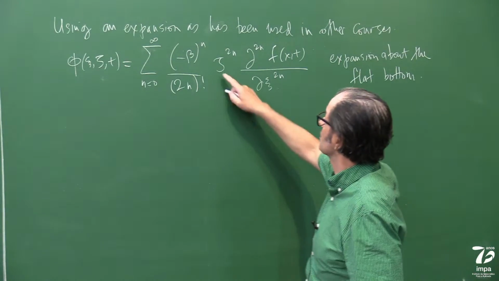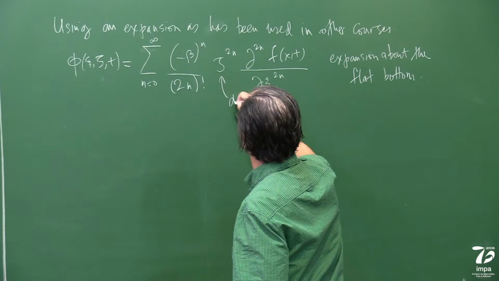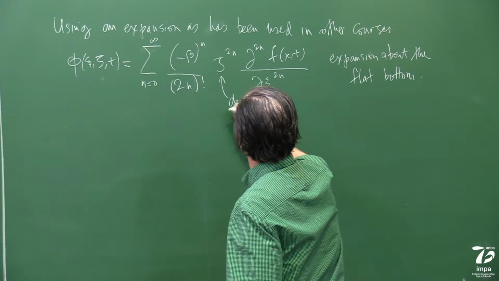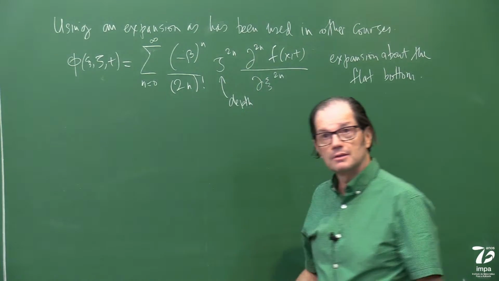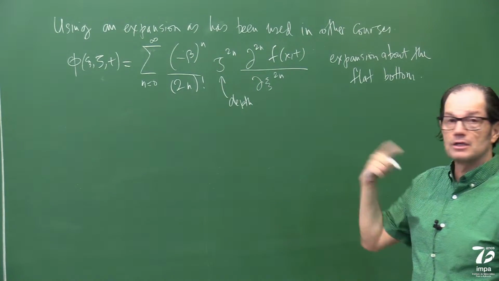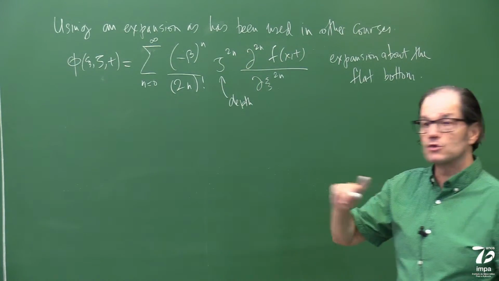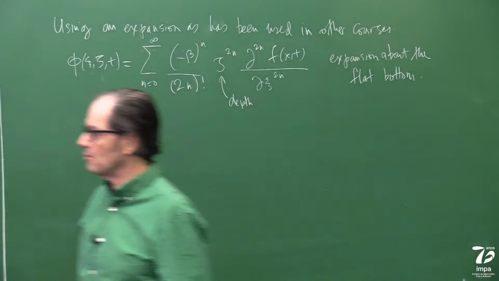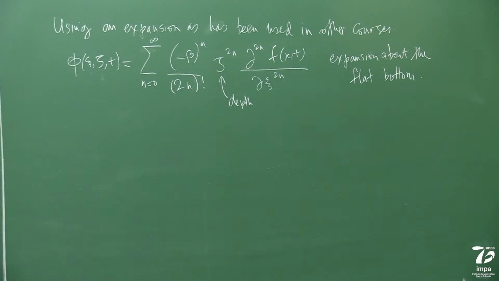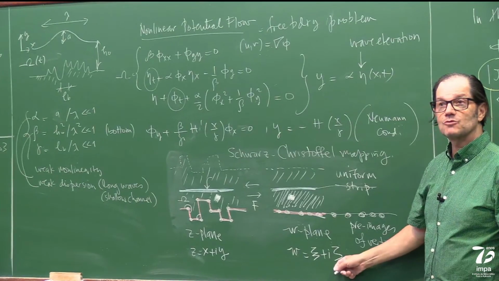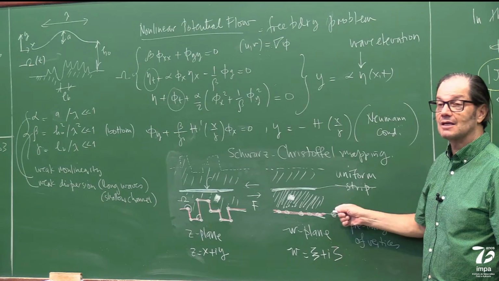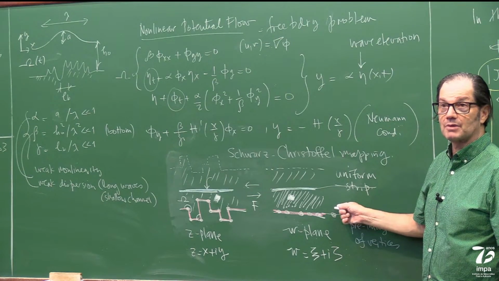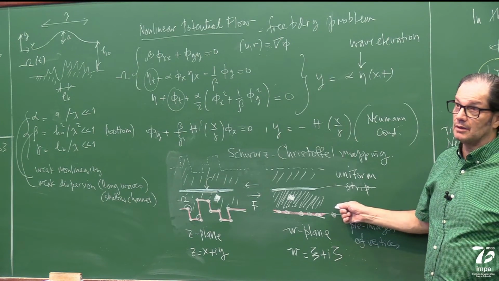So it's an expansion in the depth, so powers of the depth. So in the other courses, this was x and y. But here, because of the conformal mapping, it's in xi and zeta because I'm doing the expansion here, pretending I am in the flat bottom case, because that's my canonical domain.